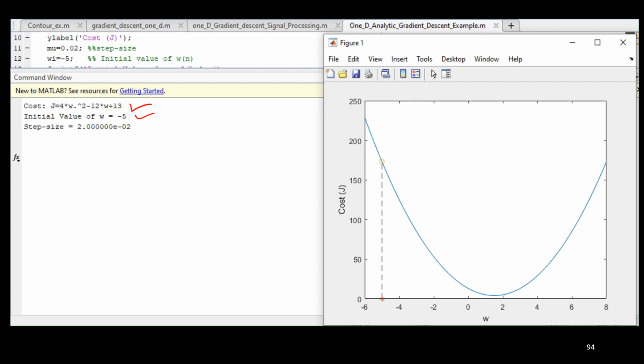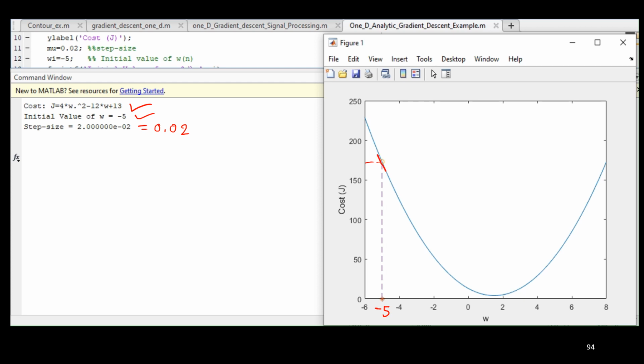You see this is your minus 5, and that is the cost value at that point. The step size we have considered is 2 into 10 to the power minus 2, meaning 0.02.